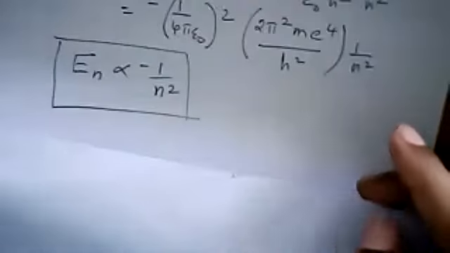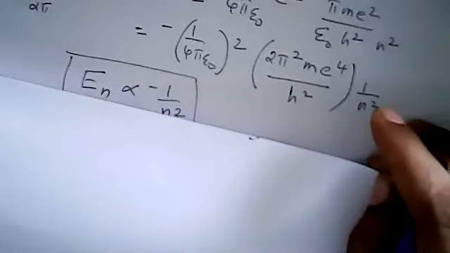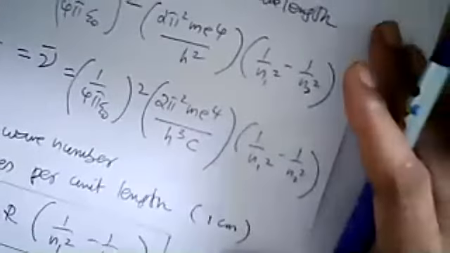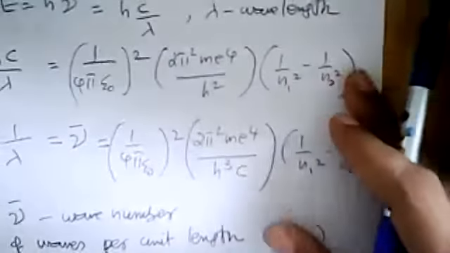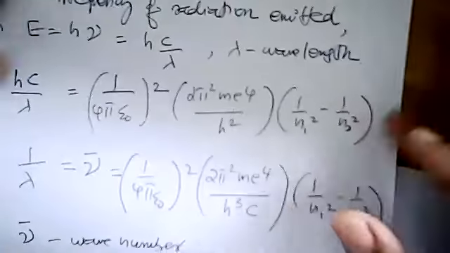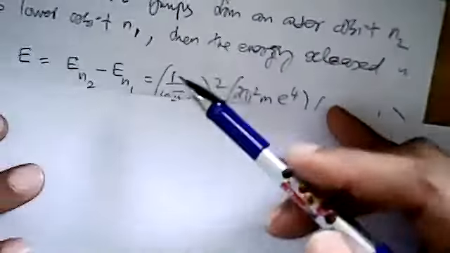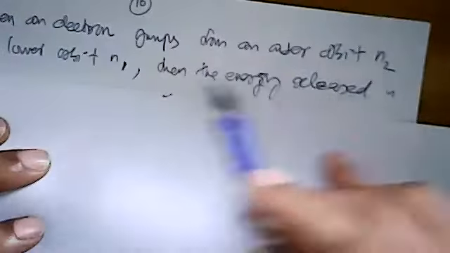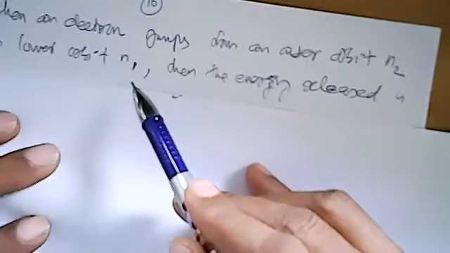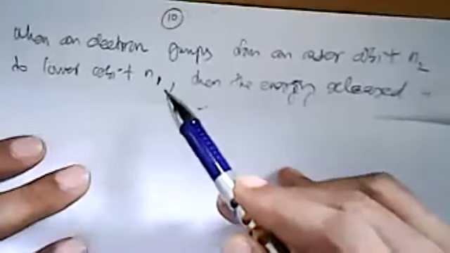Now we can write this energy. Let the electron jump from a higher orbit to a lower orbit. Let the higher orbit be n2 and the lower orbit be n1. So the electron jumps from the outer orbit n2 to the lower orbit n1.